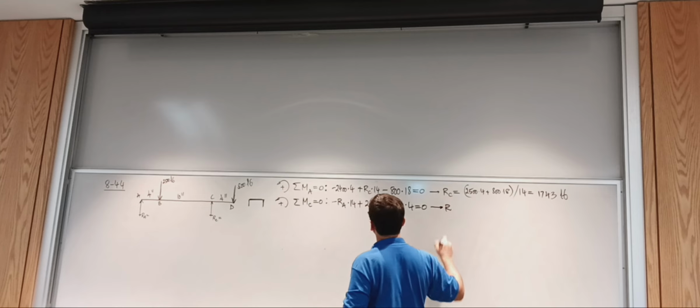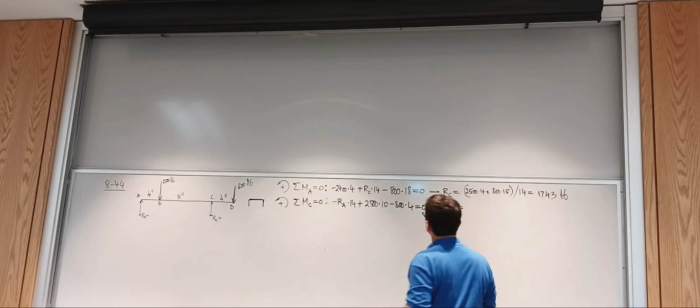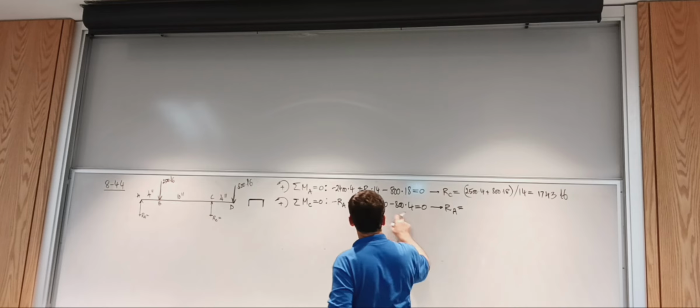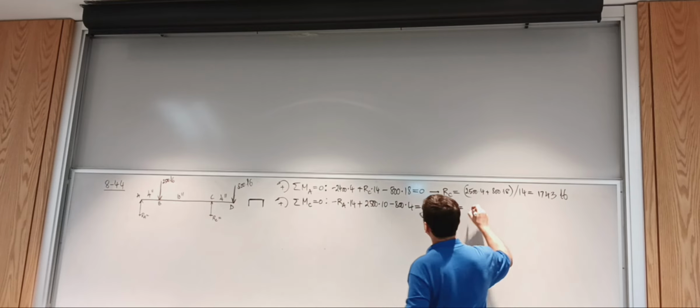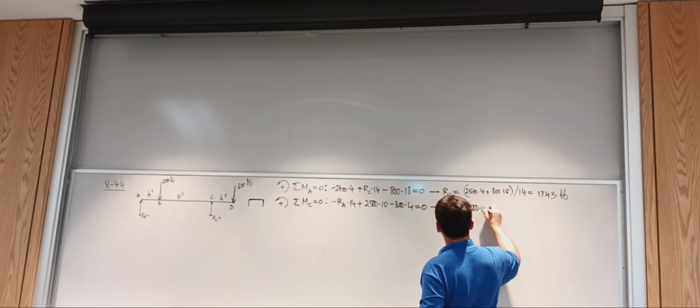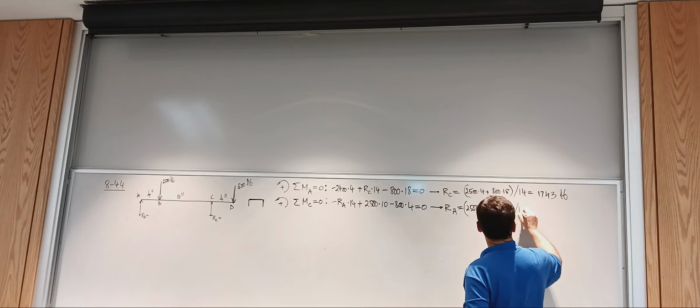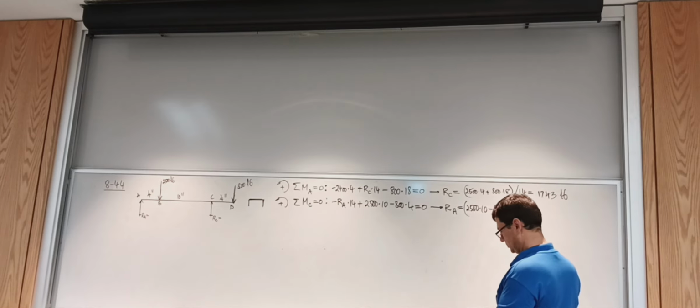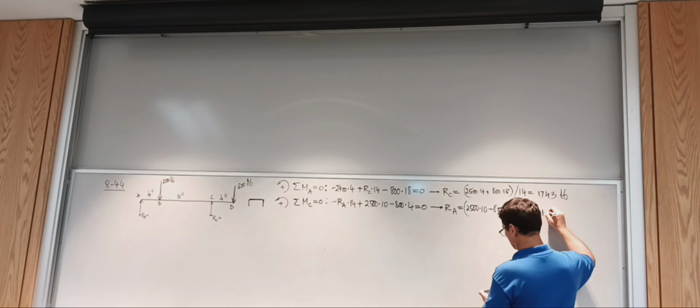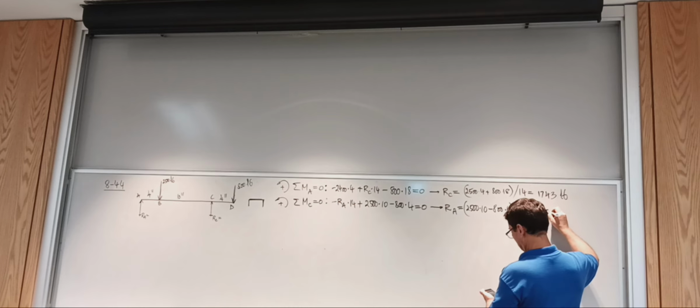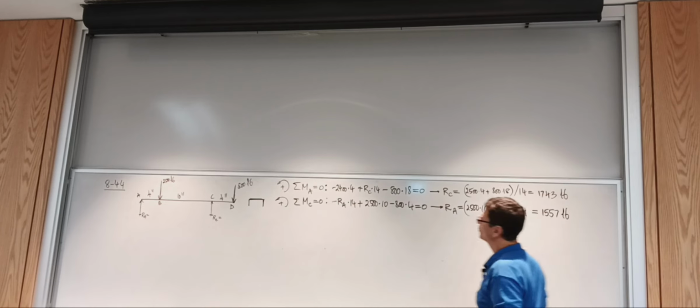So RA is 2,500 times 10 minus 800 times 4, over 14, which is about 1,557 pounds. I ignore the decimals because I rounded here.